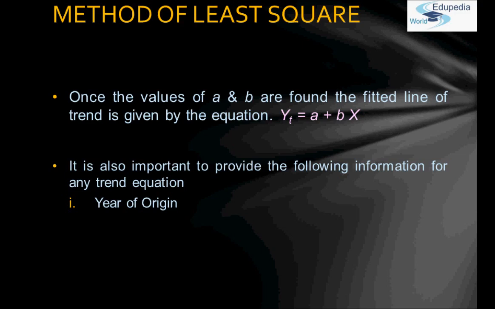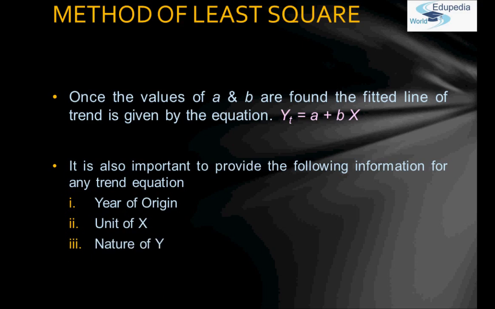And since we have changed the origin of time, previously it was t, now we have it as x, we will have to incorporate some important information along with the trend equation. That is, when we write the trend equation, we will also have to provide the following information for any trend equation, and these are the year of origin, the unit of x, and finally the nature of y.